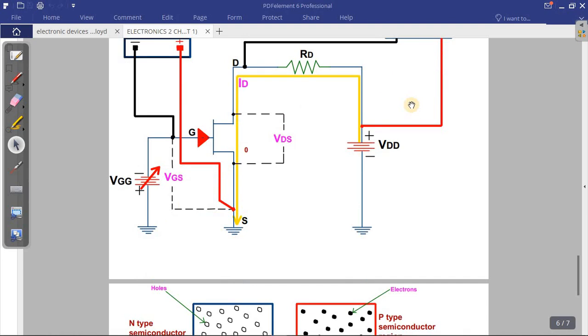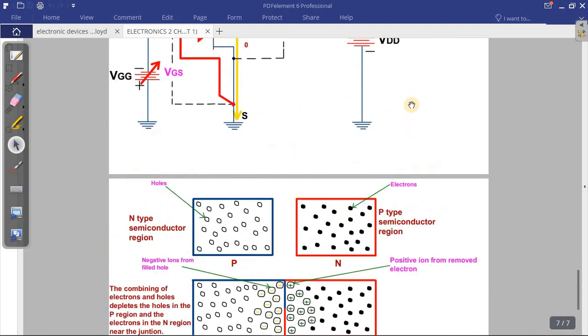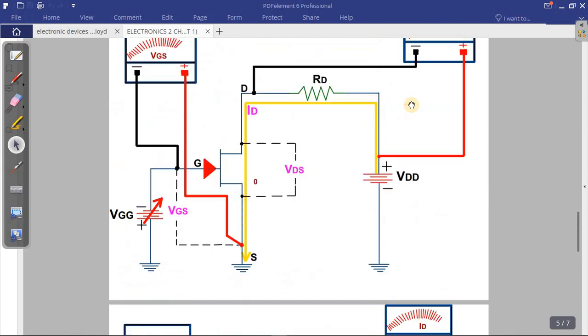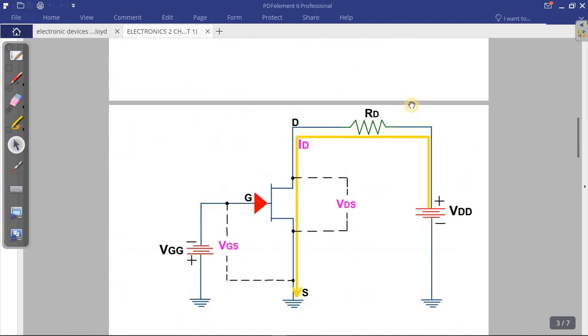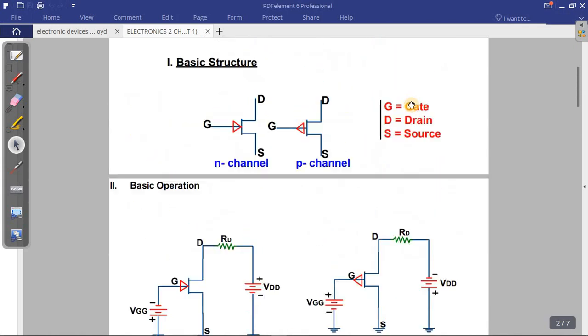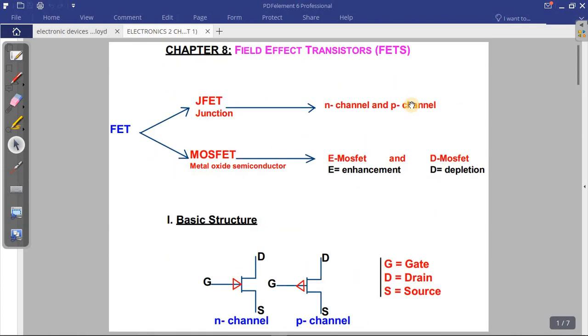So guys, this is the first part of the JFET transistor. In the first part, we talk about structure, because you must understand this part properly to move on.